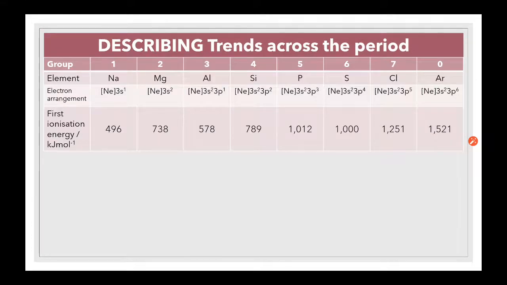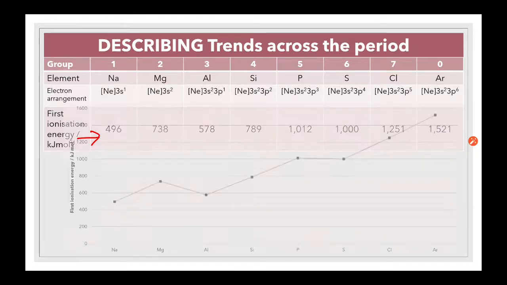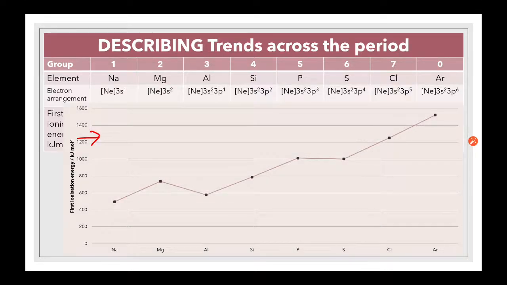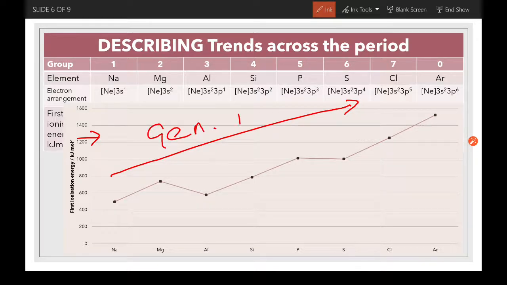Okay, so describing trends across the period. Just for reference, I've got the element symbol, electron arrangement, and then the first ionization energy. And I've taken these and I've just plotted them in a graph. Okay, so there's my graph. We can see straight away that the general trend is it increases.